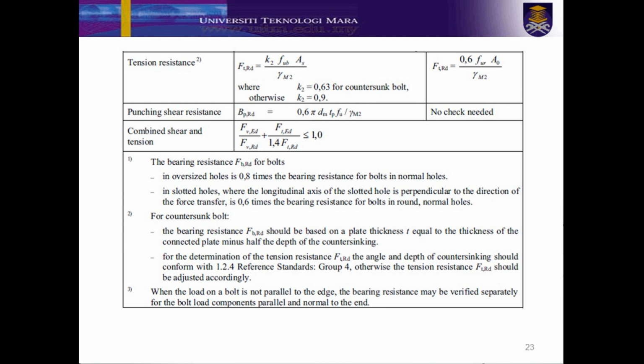So in this example, the resistance of the bolt must be checked for shear alone, which is FVRD, then tension alone, which is FTRD, and the resistance of the bolt under the combination of tension and shear.